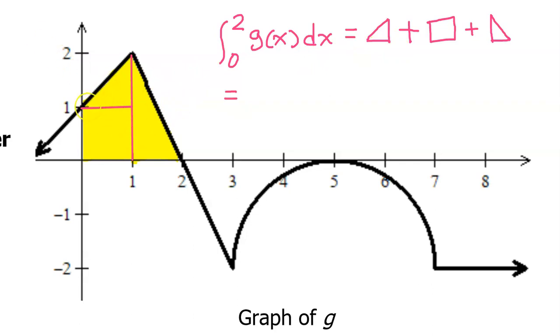For the first triangle, I'm doing 1/2 base times height. So that's 1/2 times 1 times 1. And then the square is just base times height, so that's 1 times 1. And then the second triangle, 1/2 base times height, is 1/2 times 1 times 2.